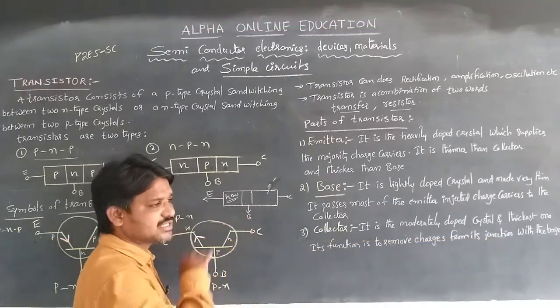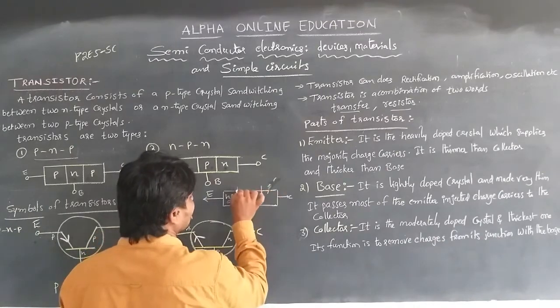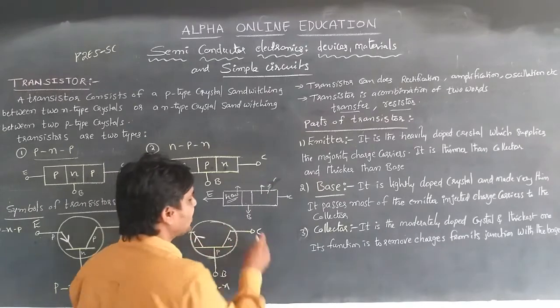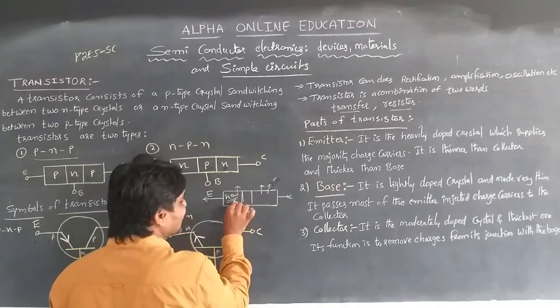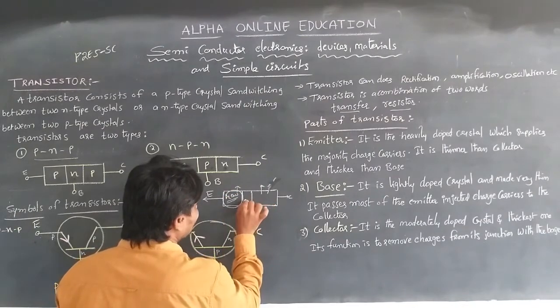For our convenience, commercially, the collector and emitter can be drawn with the same size. But the emitter is thinner than the collector and thicker than the base.